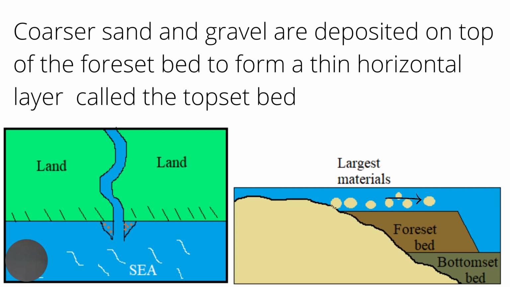After the foreset bed has been formed, then even coarser sand and gravels will be deposited on the foreset to form a thin horizontal layer called the topset.